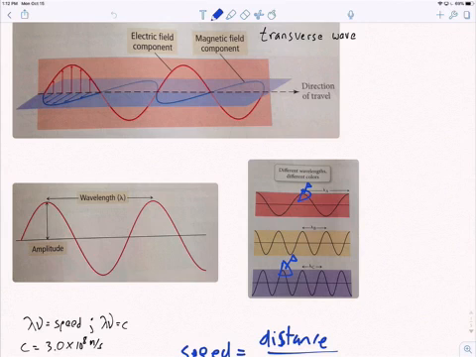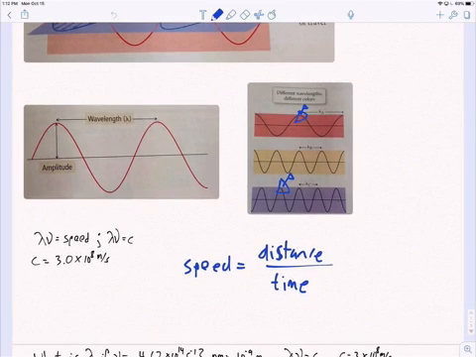The idea with special relativity is that the speed of light is constant. Speed is distance divided by time, so time is the variable.